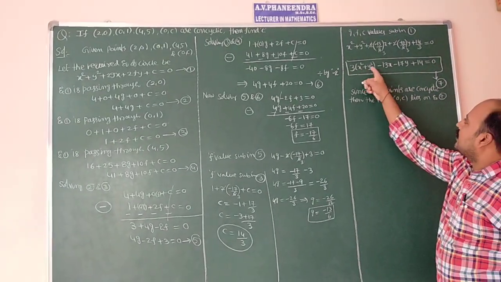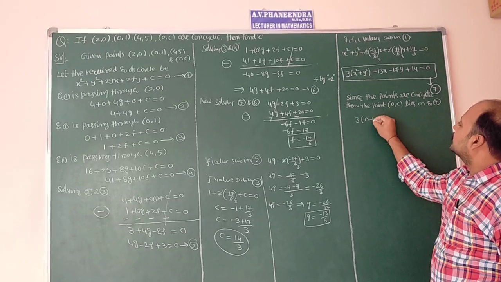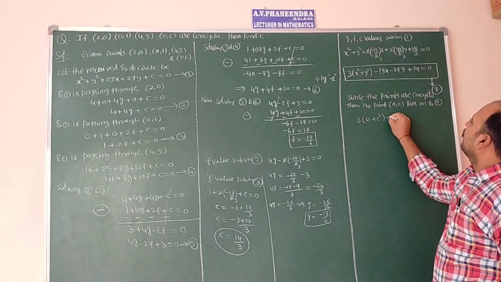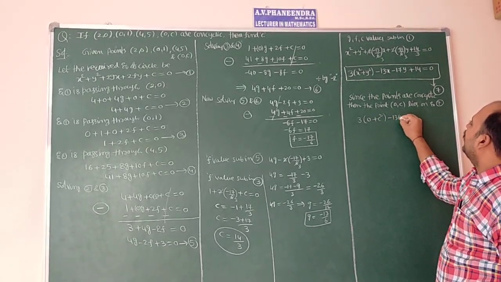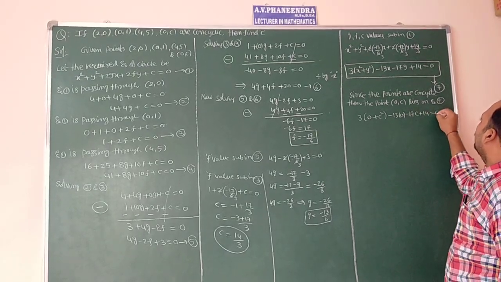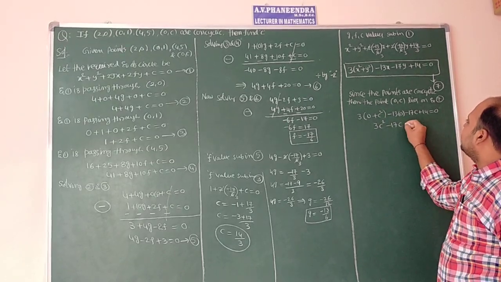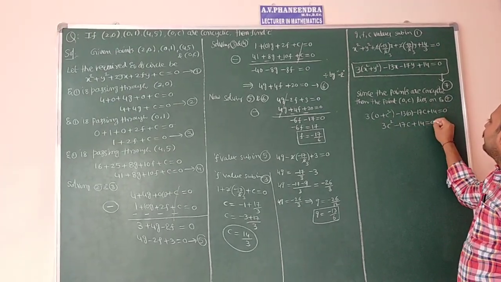So in place of x comma y, 0 comma c substitute. So 3 into 0 plus c square minus 13 into 0 minus 17 into c plus 14 equal to 0. Therefore 3c square minus 17c plus 14 equal to 0.